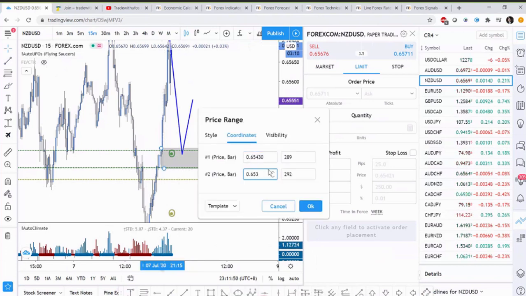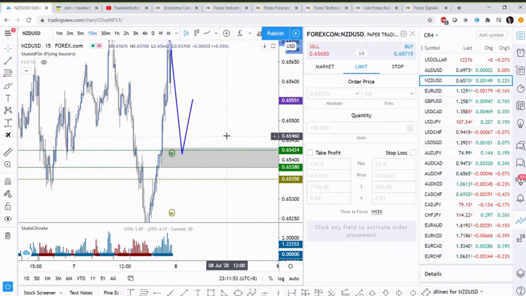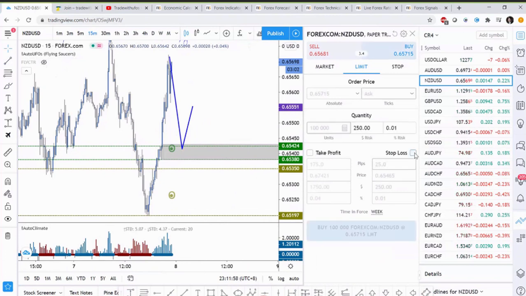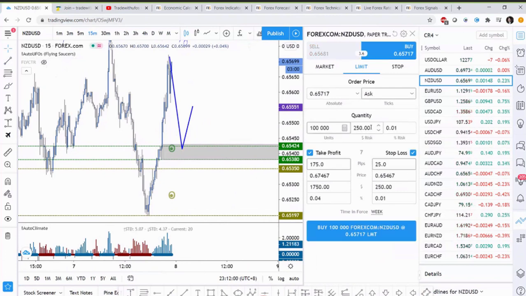Okay, so that's a 5 pip risk. Okay, not that I would trade a 5 pip risk, right? But all you need to do is say, look, I'm risking $1. Okay, and so what's your position size? It's 400, right?